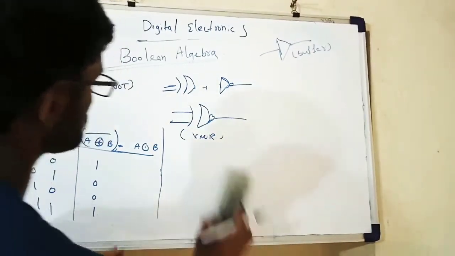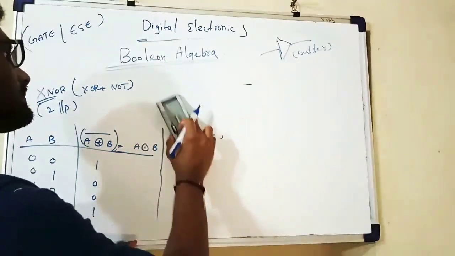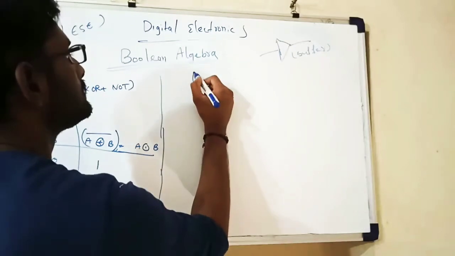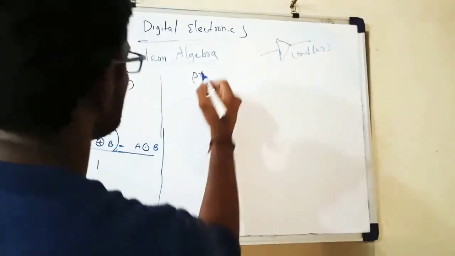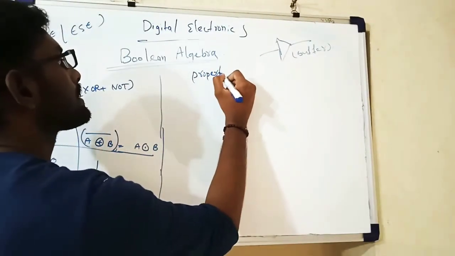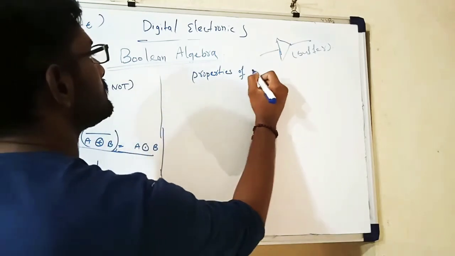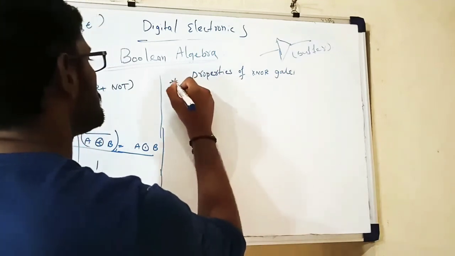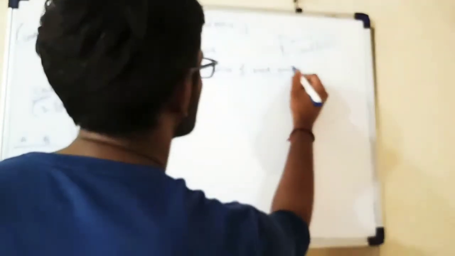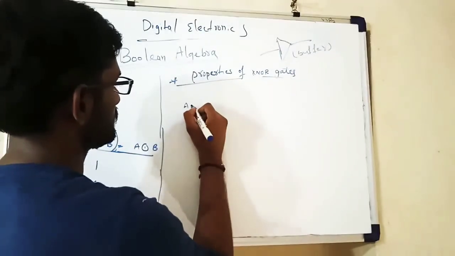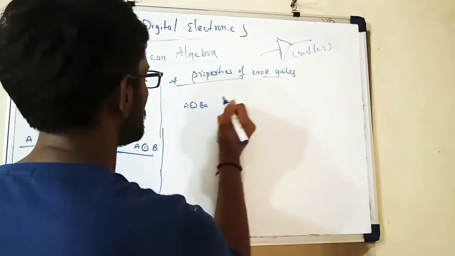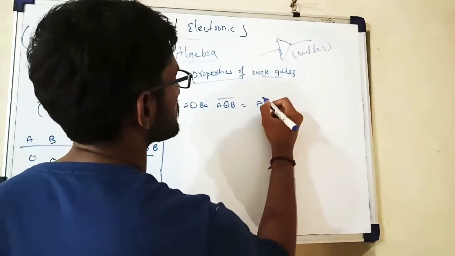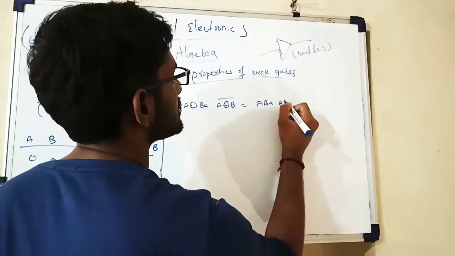Now we will see the properties of the XNOR gate. These are very important properties. We have seen that A XNOR B equals A XOR B whole bar. This can be written as AB plus A bar B bar.